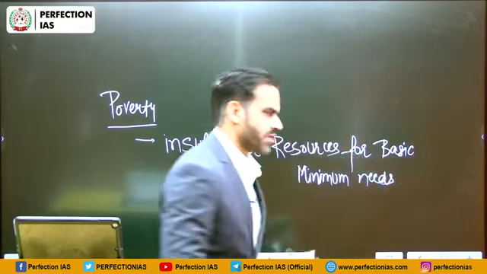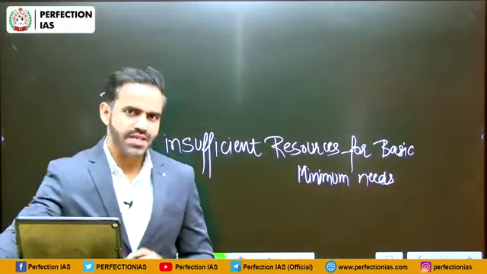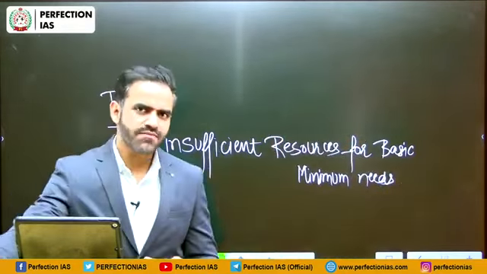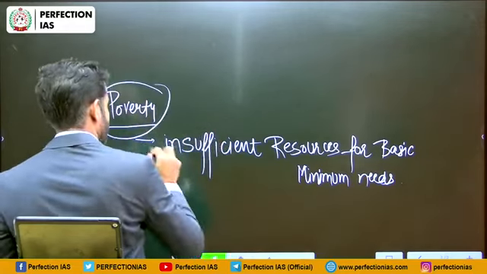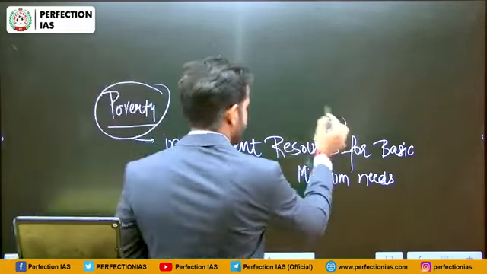So that is poverty. Poverty means we do not have that much resources that we can fulfill our basic minimum needs or basic minimum requirements. Now, in simplest terms, for example, basic needs like food, house.